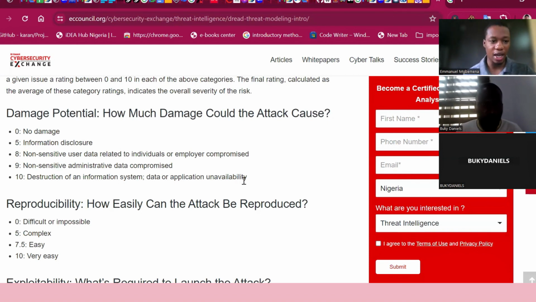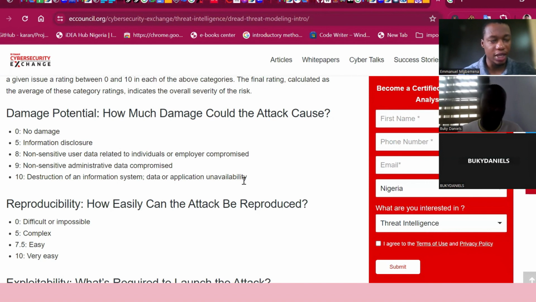So which one do you think out of these should be our number? Which number should be assigned to that particular category? The damage is obviously possible. That should be high, considering it from the domain controller point of view, so information disclosure should be high.